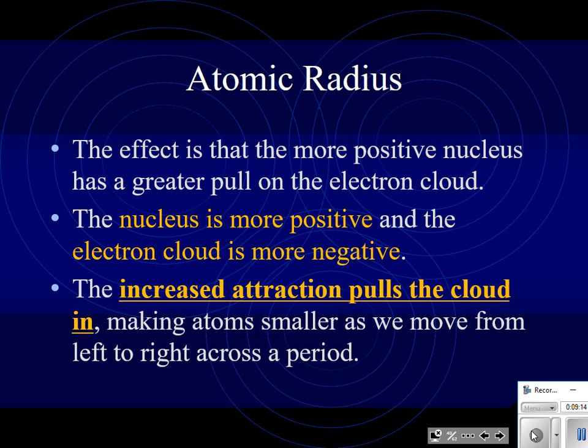As you're getting more and more, that charge pulls them closer together because opposites attract. Those protons, as we're getting more and more protons, are pulling the electrons closer, so the atomic radius is going to decrease as you go left to right across that periodic table.